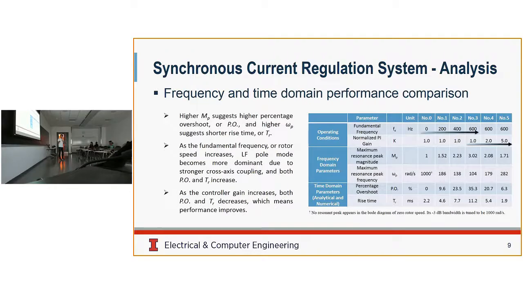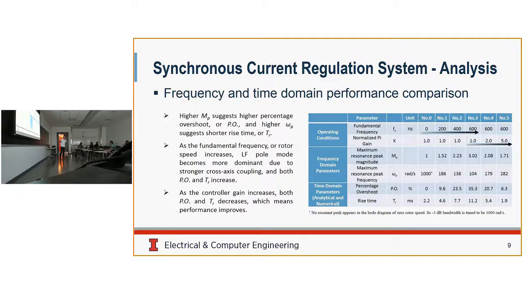And then this is a comparative study table that shows how the dynamic performance changes with the change of speed or the change of the controller gain. The fundamental frequency increased from 0 to 600, and there are also some other variations of the controller gain, because the Kp and Ki ratio are fixed to do the pole cancellation, but a global gain can still be changed.